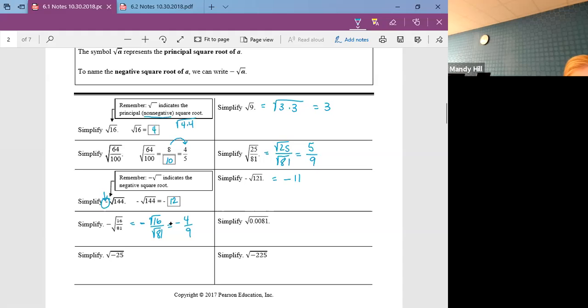Okay, this one, simplify the square root of 0.0081. Should be 0.009 because when we multiply 0.009 times 0.009, I might have one decimal off there. Let me check that real quick.